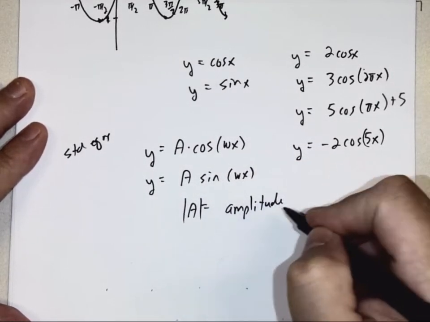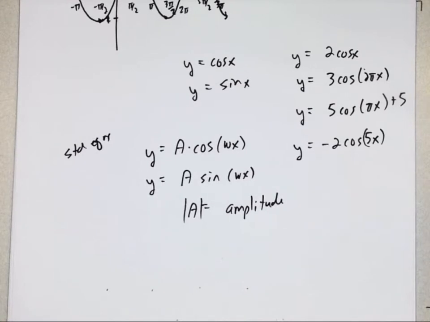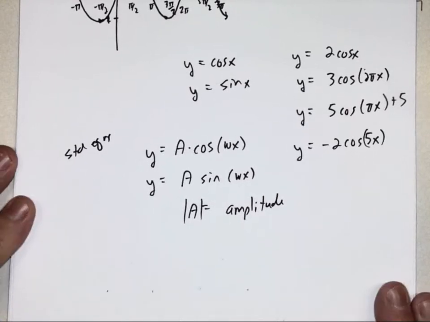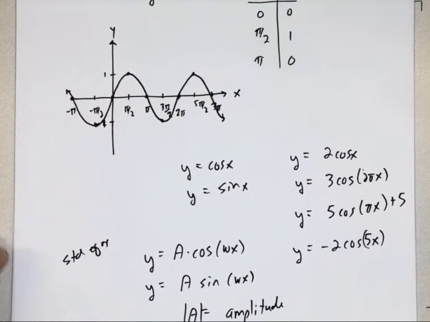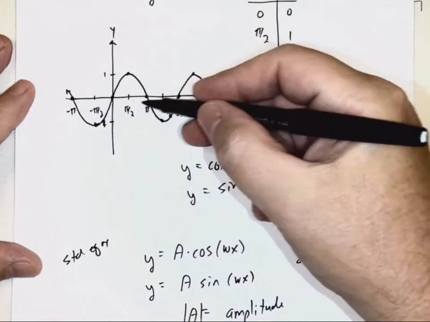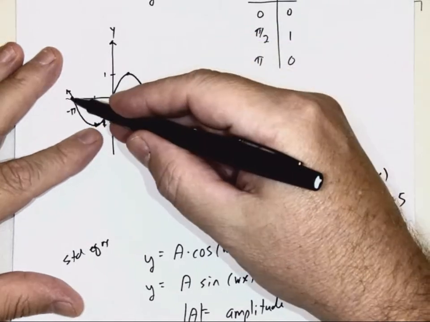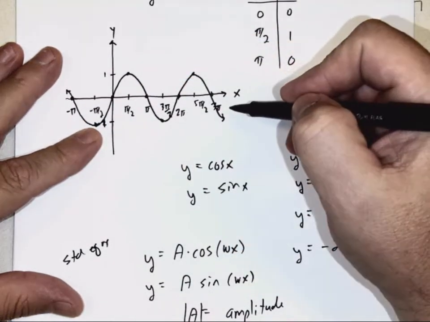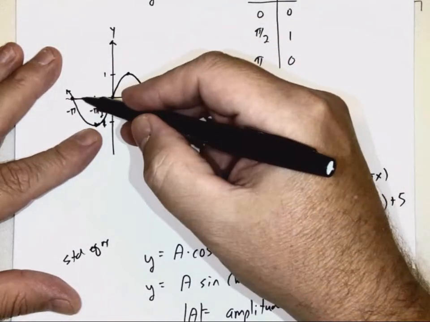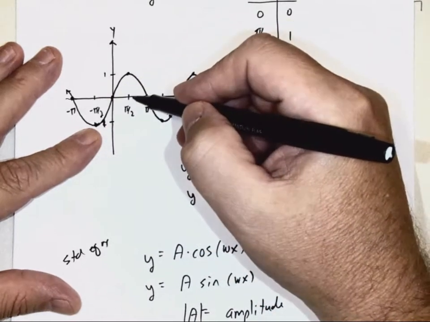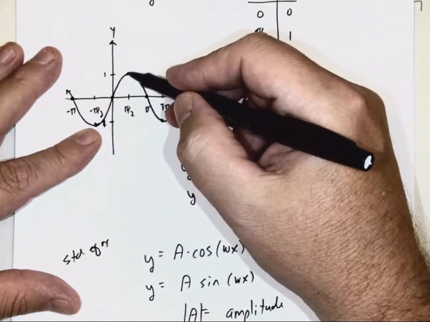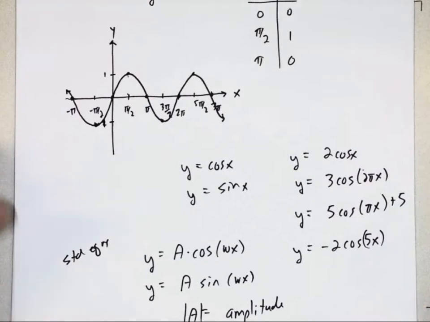Maybe you've heard of a word like this, the amplitude. The amplitude means how far it is. If we think of the middle of the graph in terms of up and down, the middle of the graph in this case is my x-axis. The amplitude says how far it is from the middle of the graph to the highest point. So that's what amplitude is.